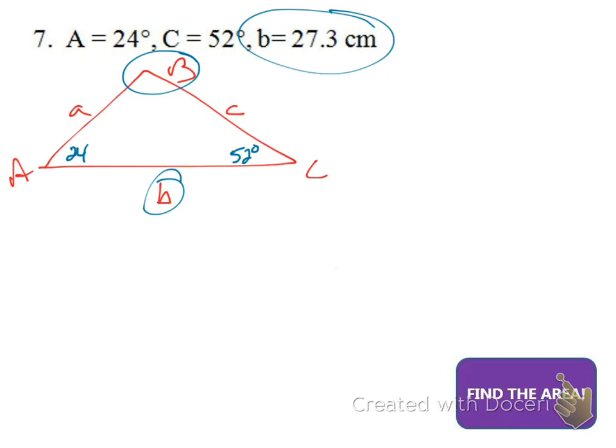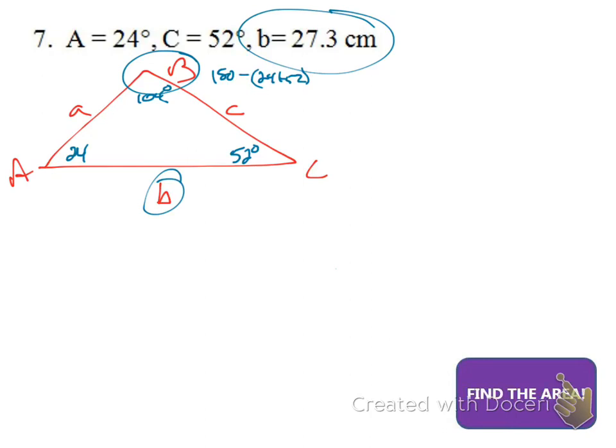So, in other words, angle B is just going to be 24 plus 52, subtracted from 180, right? So it's going to be 180 minus 24 plus 52. Which is going to be 76. Subtract that from 180. And you get 104 for this angle up here.